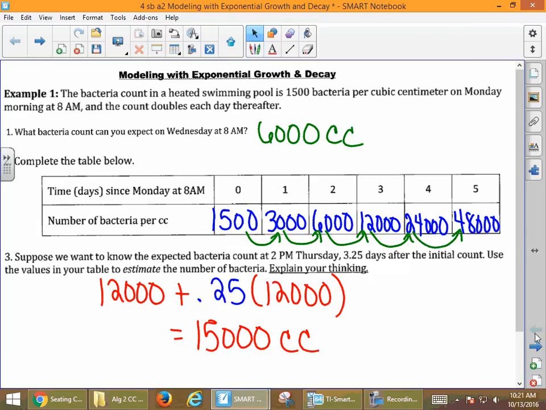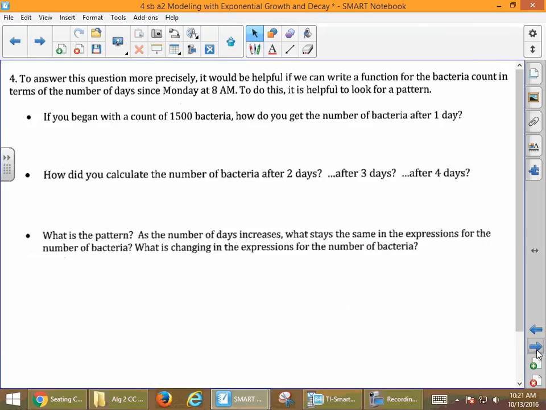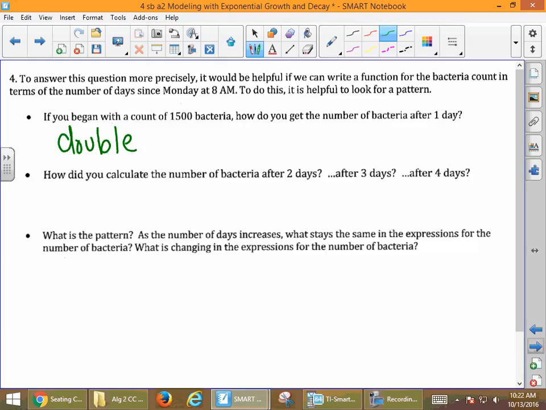We're always doubling. So if we look back at the question here, if you began with a count of 1,500 bacteria, how do you get the number of bacteria after 1 day? Well, we're going to double that value.